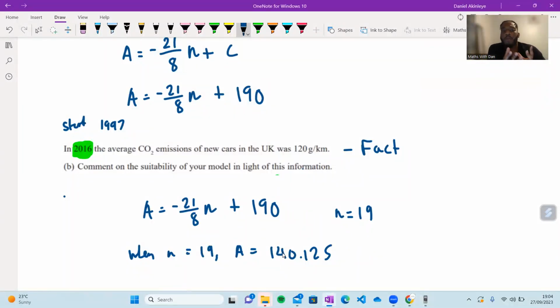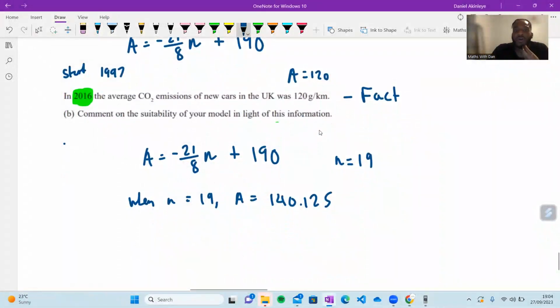It says to make a comment on the suitability of your model in light of this information. So we know that in 2016, A was 120. When we plugged it into our model, which was meant to be accurately representing the average CO2 emissions, we got 140.125. What do we think about the suitability of our model? Is our model suitable or not? Exactly, thank you very much, Fiona. The model is not suitable.